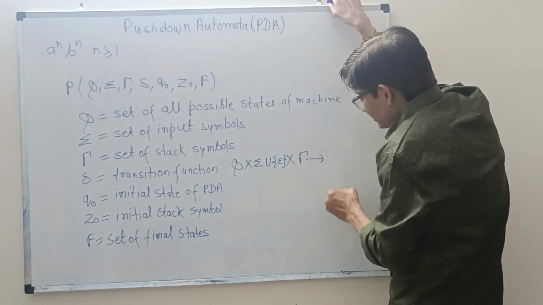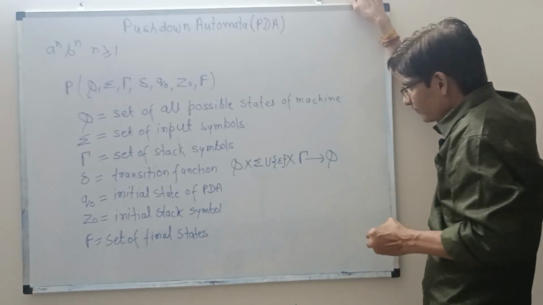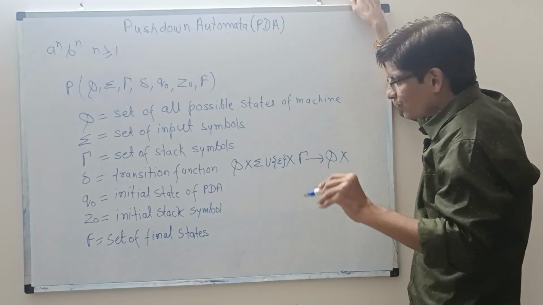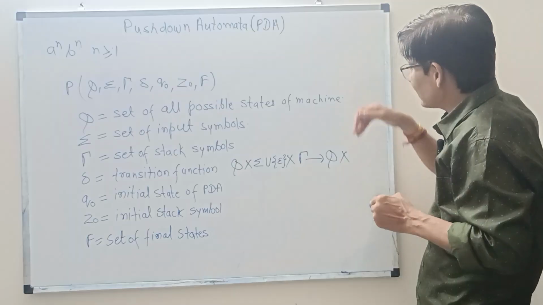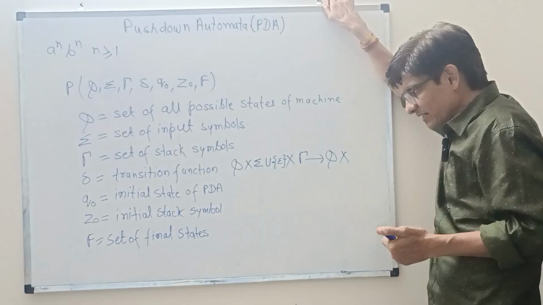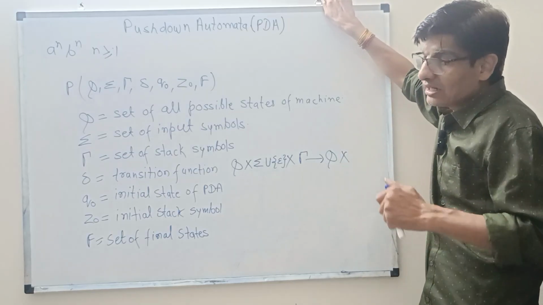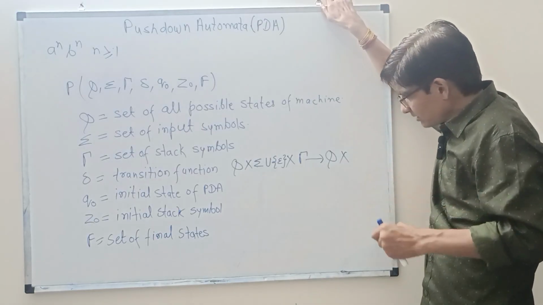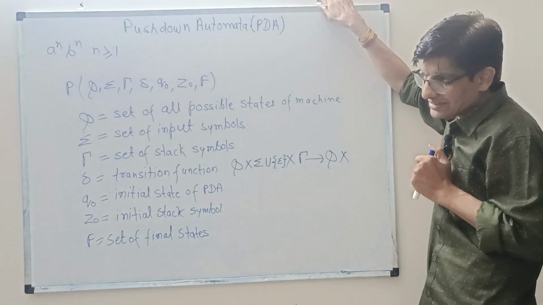Now this will give us a new state, which will be coming from Q. Then, as I told you friends, we can perform an operation on the stack while reading one input symbol. This operation may be push or pop. In case of a push operation, in a PDA we can push more than one symbol at a time, but we can pop only one symbol at a time from the stack.